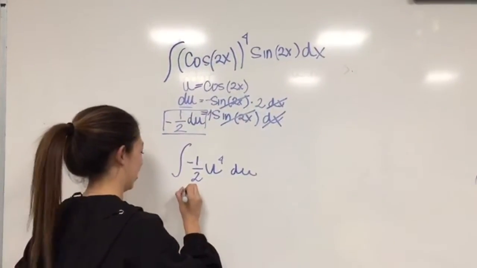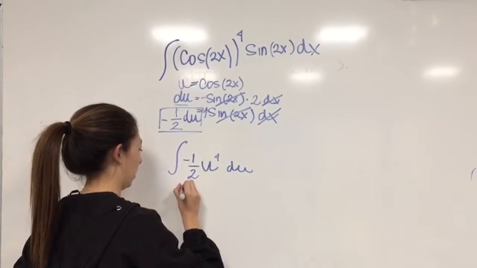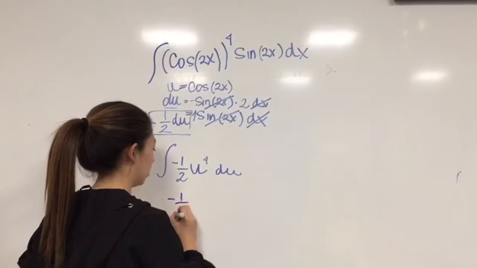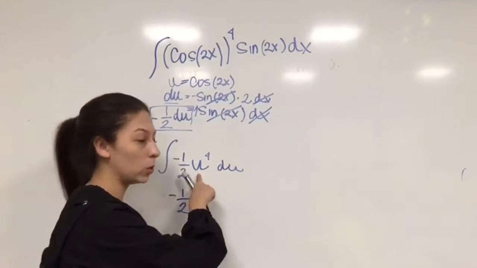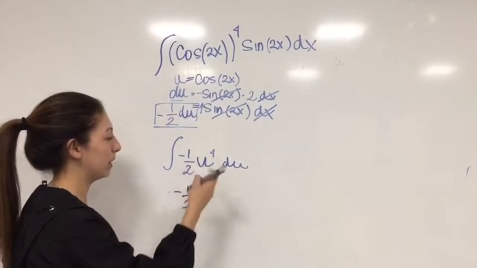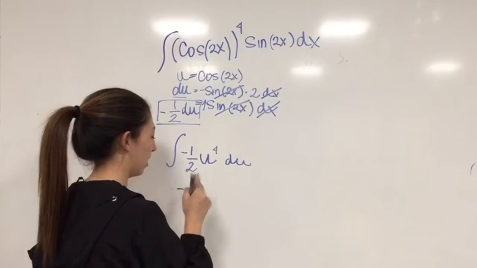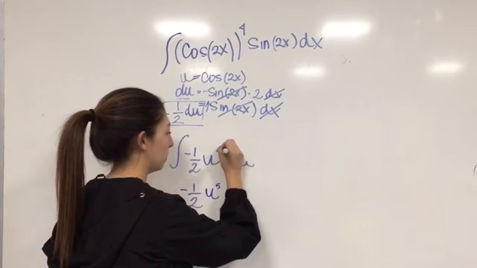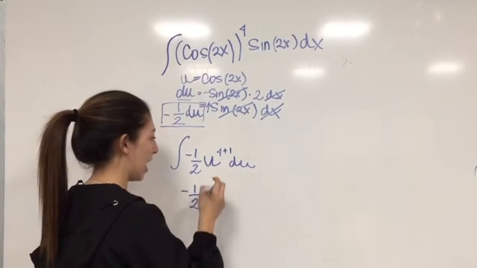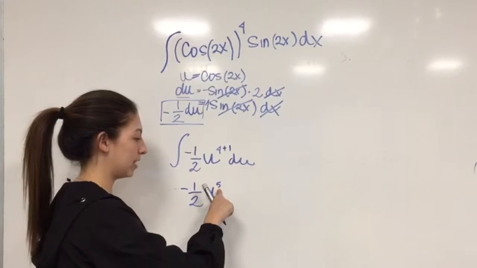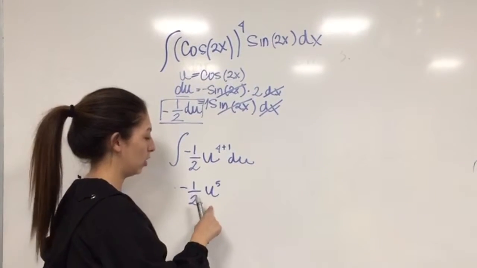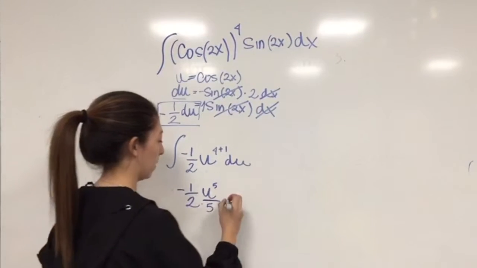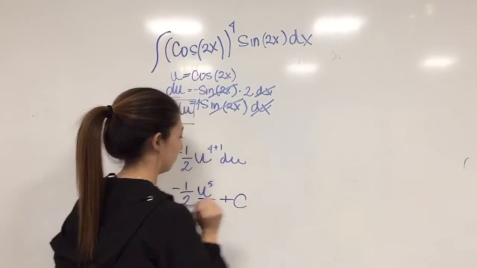So it will be negative 1/2, but first we are going to do it in terms of u before replacing the u. 1/2 u to the 5th power, because it's 4 plus 1 when we integrate, and this exponent we place also in the denominator, so here multiplying the 2, plus the constant.